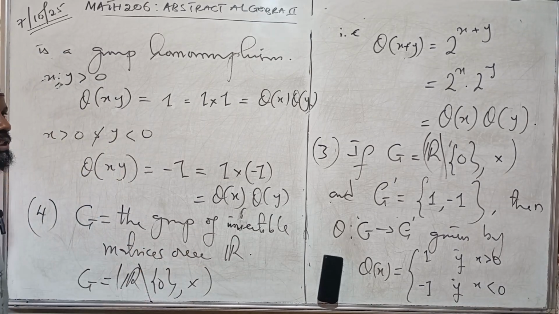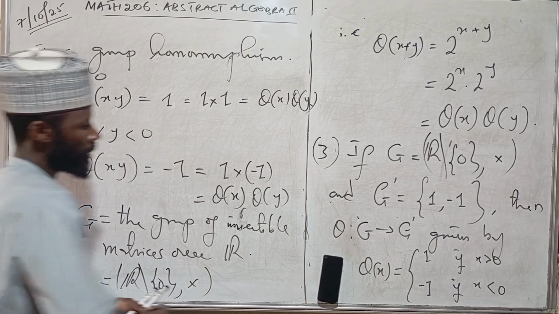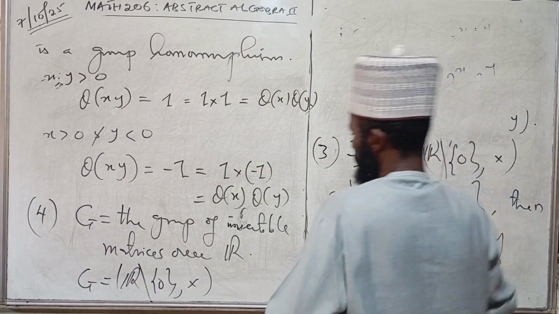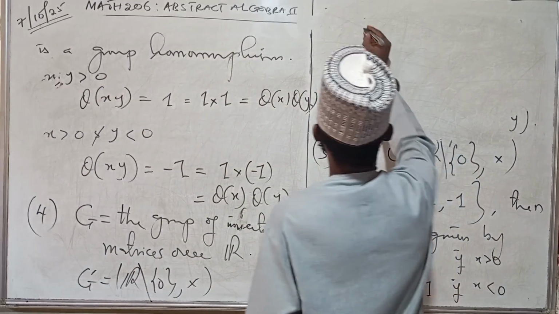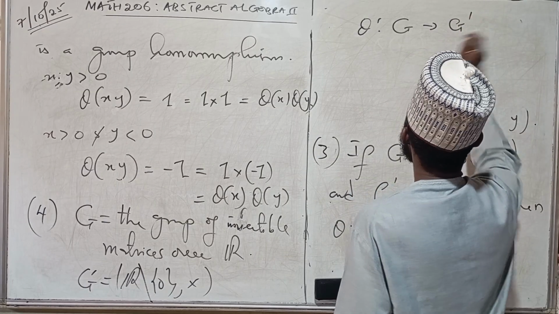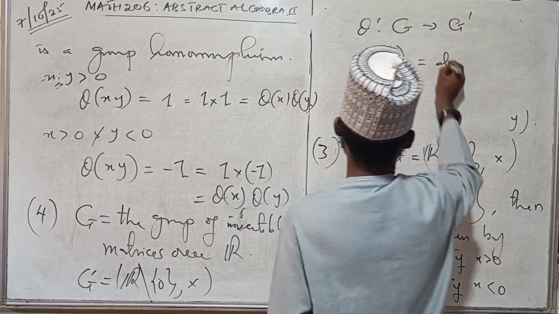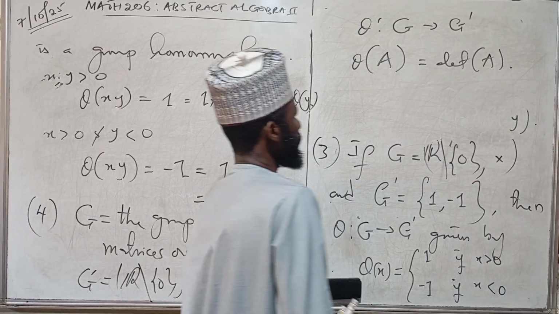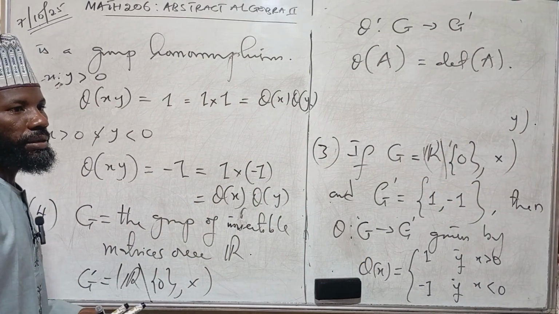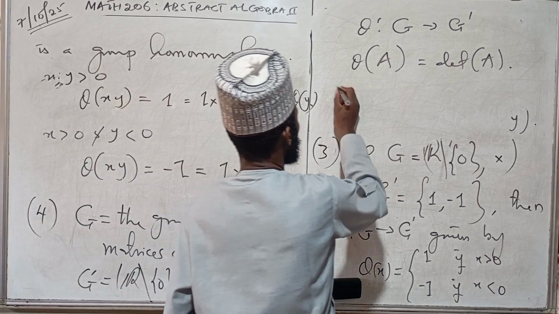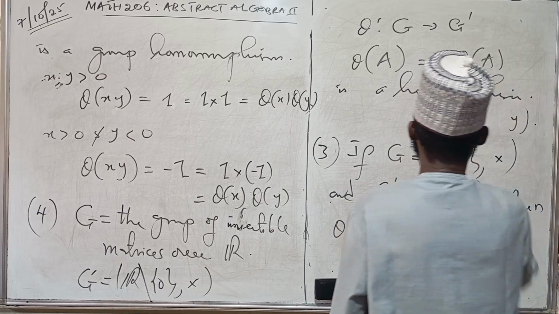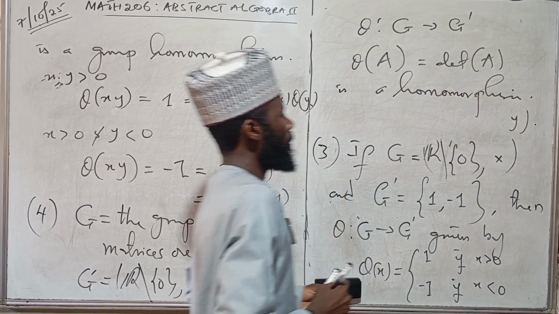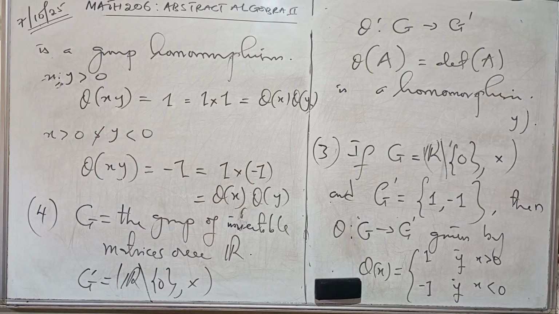And this group is also under multiplication of matrices. So you can define theta from G to G prime by taking a matrix and letting it map to its determinant. Then this is a group homomorphism.